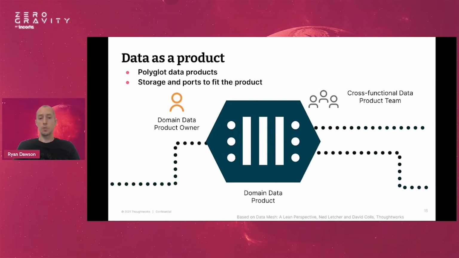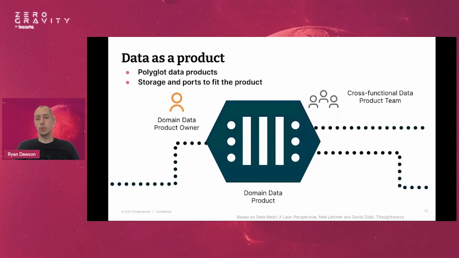Data as a product works hand in hand with the domain ownership principle. Teams need to be given autonomy and allowed to get close enough to the data to really own it. This enables the team to handle the data product as a true product, and not just as data filed away and forgotten. The autonomy side of this means you need a variety of tech to be available for implementing data products.